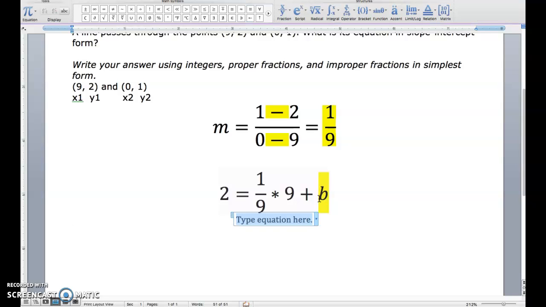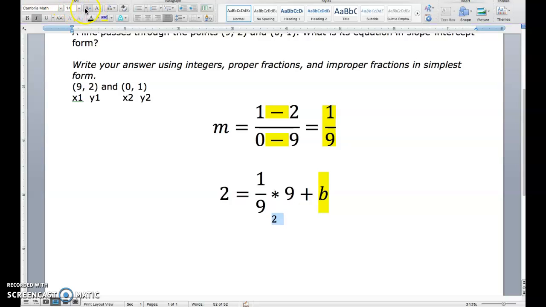So let's do some simplifying. 2 on the left side of the equation. 2 equals 1 over 9 times 9. All right, when I multiply fractions, I just multiply straight. Oh, wait a second. Give me a second. Okay.